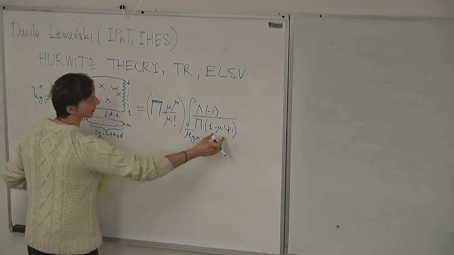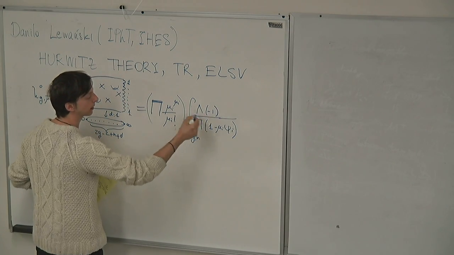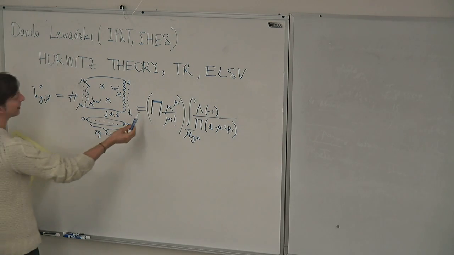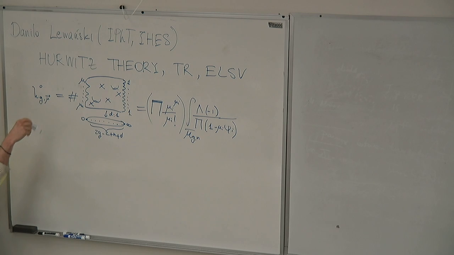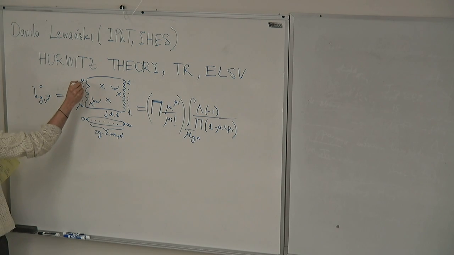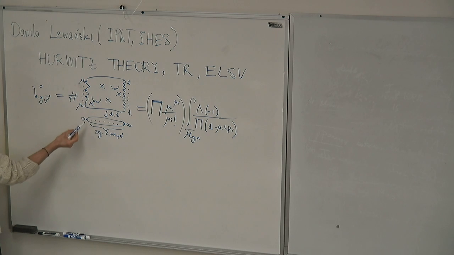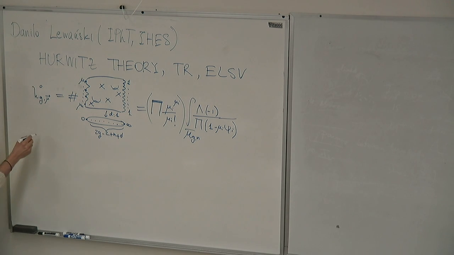So I think of this as expanding them in geometric series, and this is just the alternating sum of the lambda classes. And then, okay, so this ELSV differs by the term of the automorphism, because in my definition of Hurwitz numbers, I want the preimages of the ramification over 0 to be labeled. So I don't want the automorphism, but it's just a difference of convention. It doesn't matter at all.